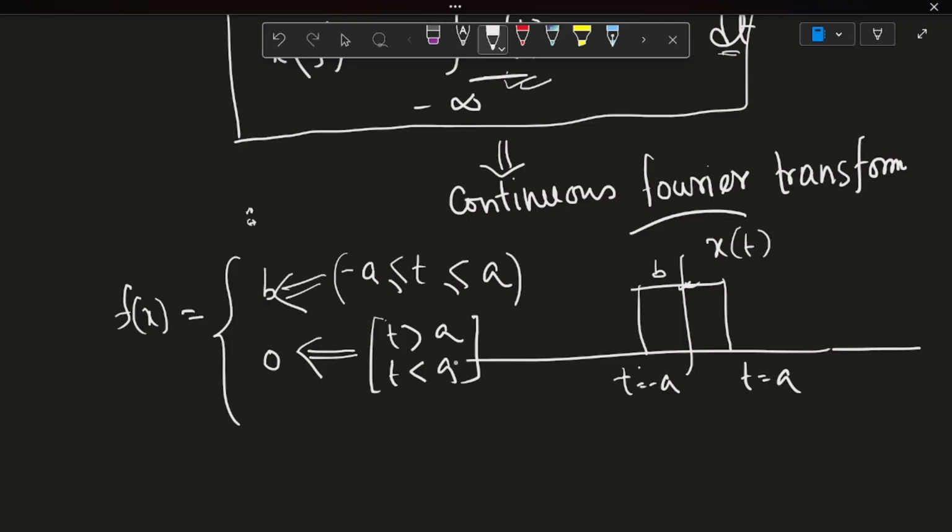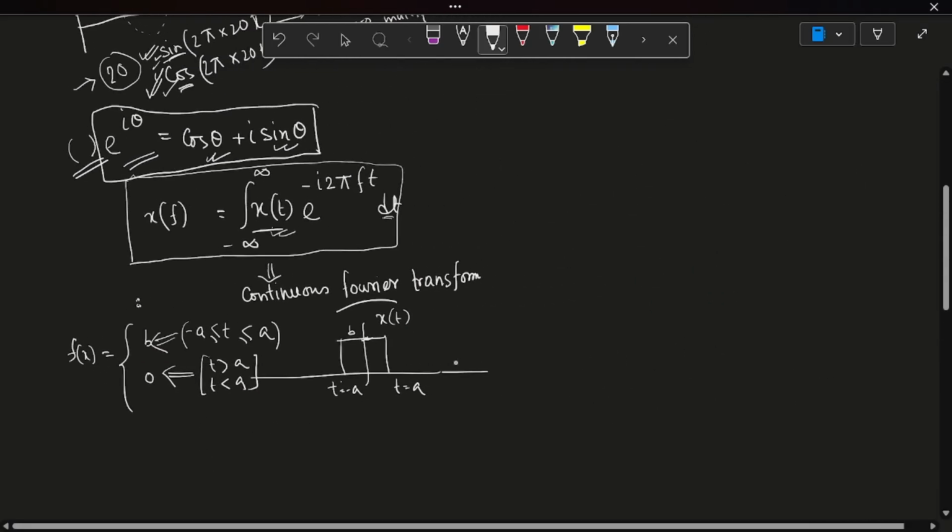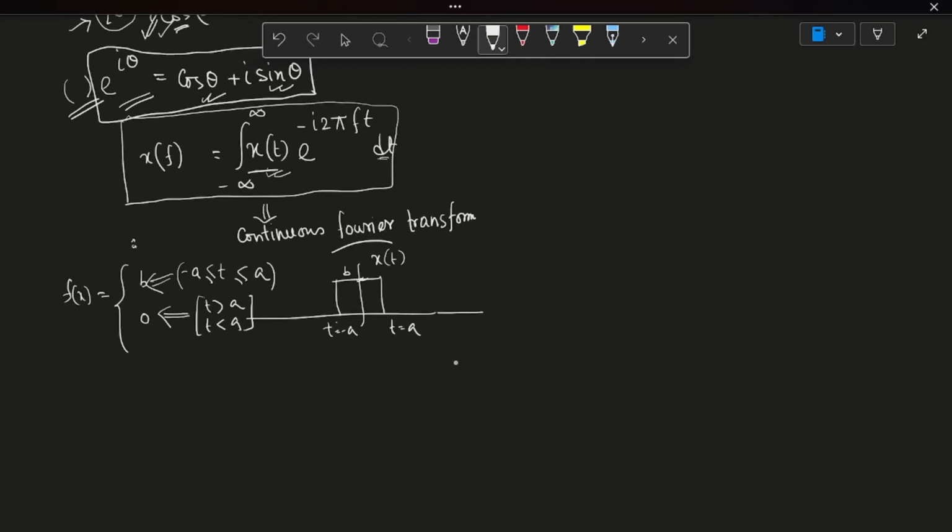Now you want to know what is the Fourier transform of this function. So what you have to do is write down f of omega. Let me write down k here, suppose k is in the transform domain.